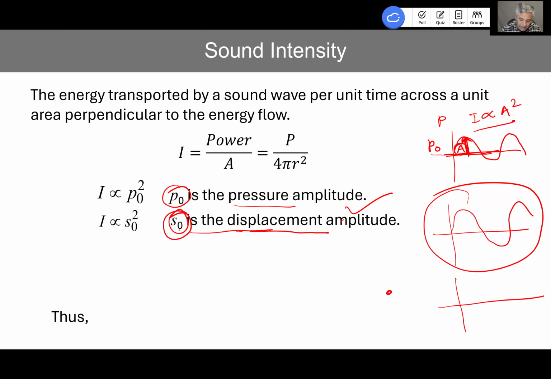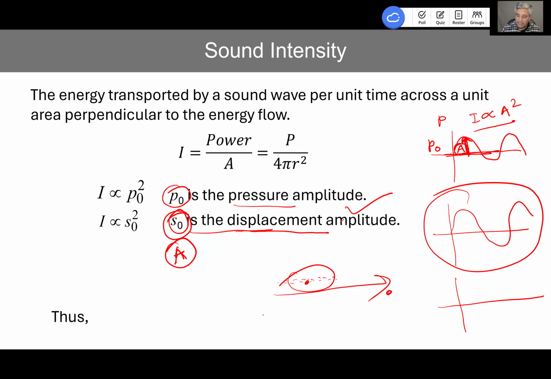So this amplitude is actually like our usual amplitude we've been talking about. Okay, so in this case we are looking at the amplitude of the air molecules that go left and right when sound is traveling in a particular direction. So this is oscillation of air molecules, for example, in the case of a sound wave.